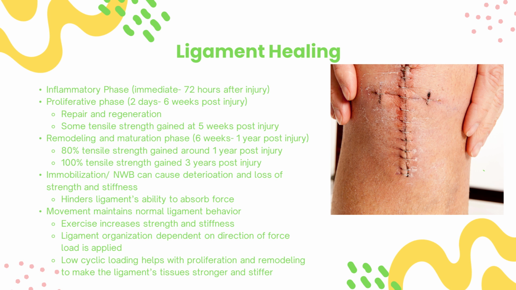So about 6 weeks of healing, we're going to start getting some of that tensile strength back around 5 weeks, which is great. We start to regain some of the strength and the tensile capabilities of the ligament. But we don't get 80% of that tensile strength back for about a year after the injury if there was no surgical procedure taken.